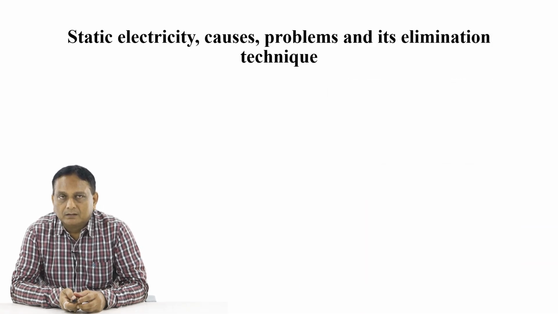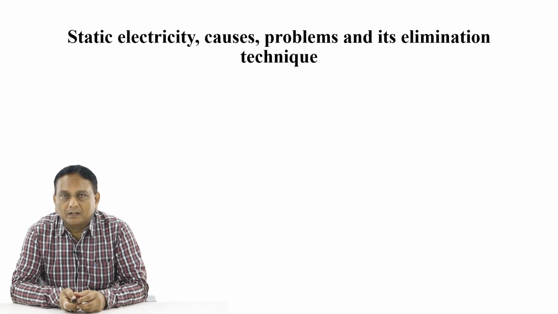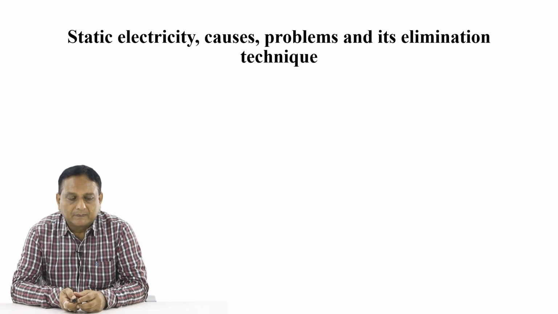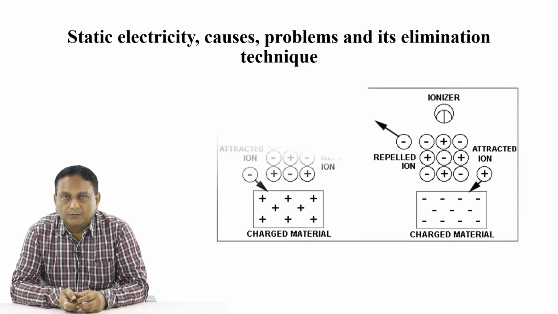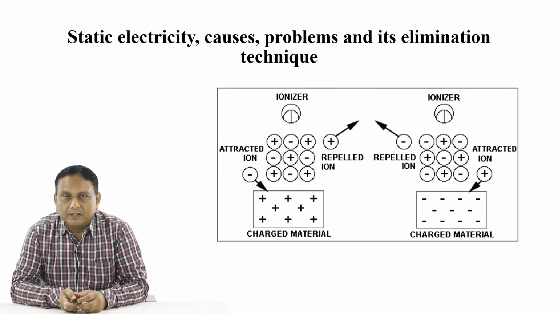Now we can see the static electricity generation in the textile process house, then the causes, problems and its elimination techniques, and how it generates static electricity. Let us see now. If you see this picture, you can see the charged material. If it is a positively charged material, then positive ions will be there and it will attract the negative ions.